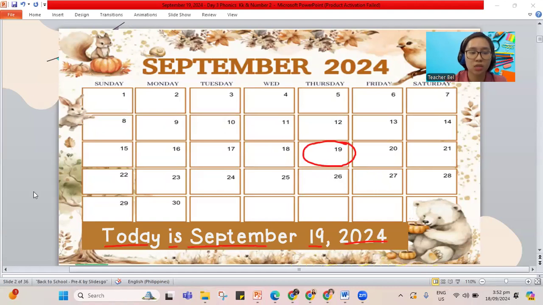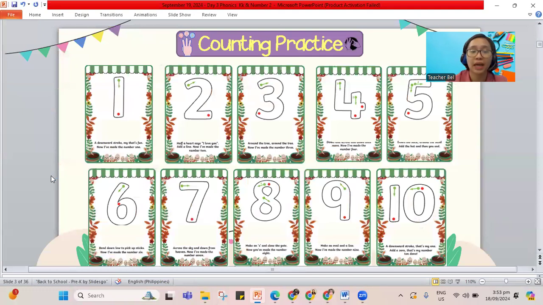Let me erase this one and let's move on to the next part of our class, and that is to count our numbers from 1 to 10. So let's count. I am showing you my fingers up in the air and you can count with me. Let's start with 1, 2, 3, 4, 5, 6, and then 7, 8, 9, and 10.